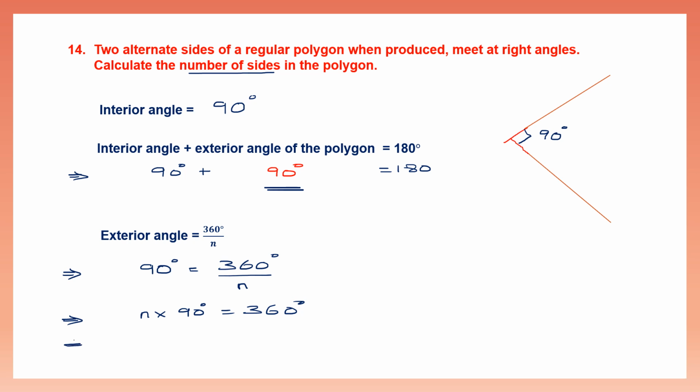Or to find the value of n alone, we say n is equal to 360 divided by 90. So now if we cancel, 9 fours are 36. We have found the number of sides of this polygon. The number of sides n is equal to 4. So we have found the number of sides, and that is 4 sides.